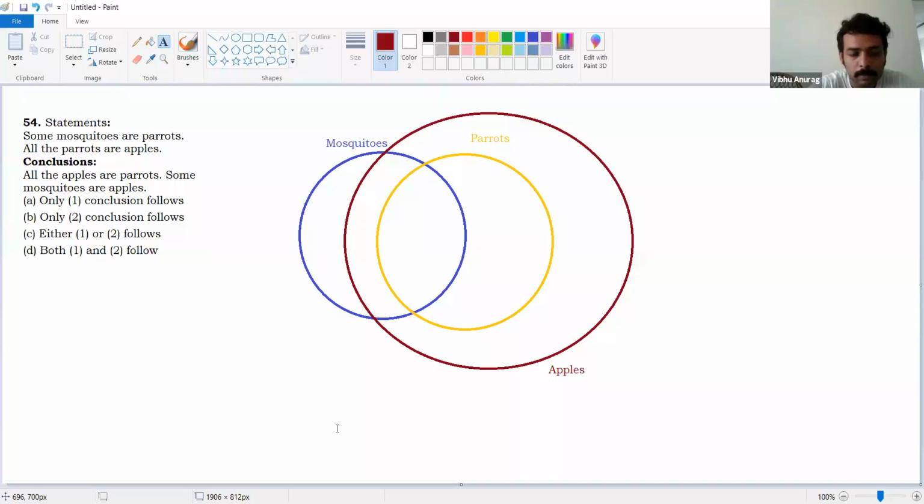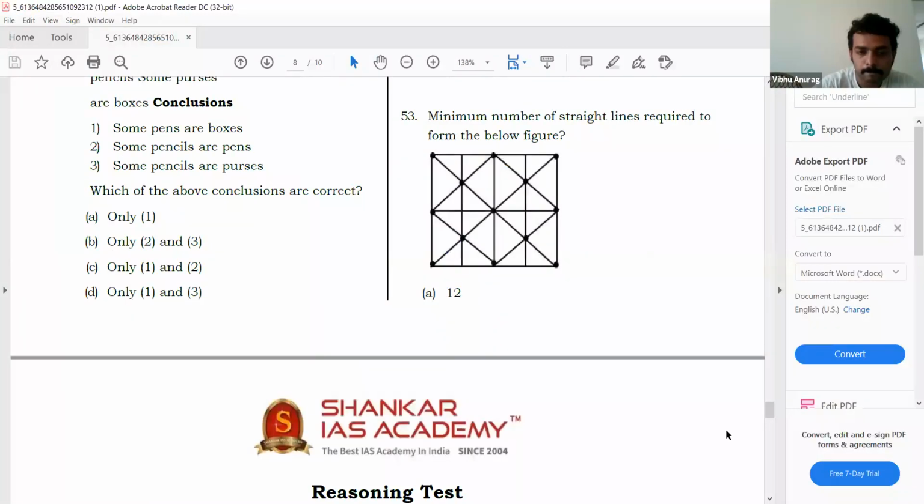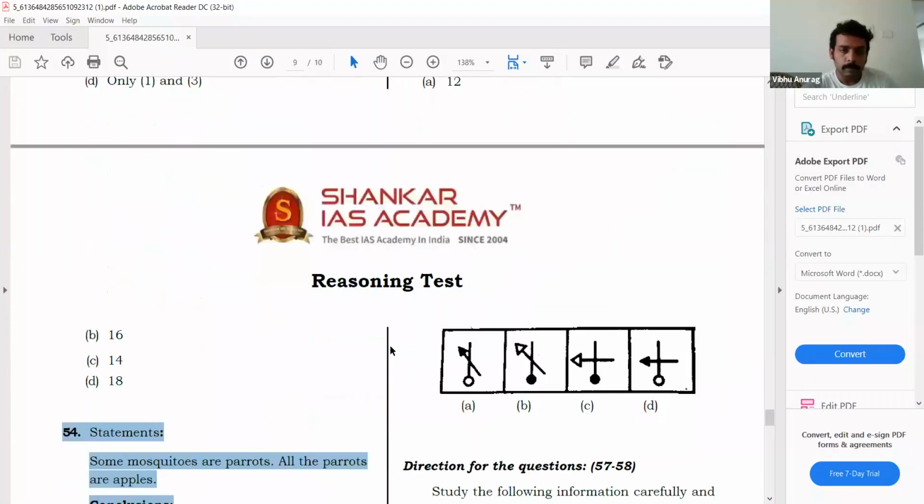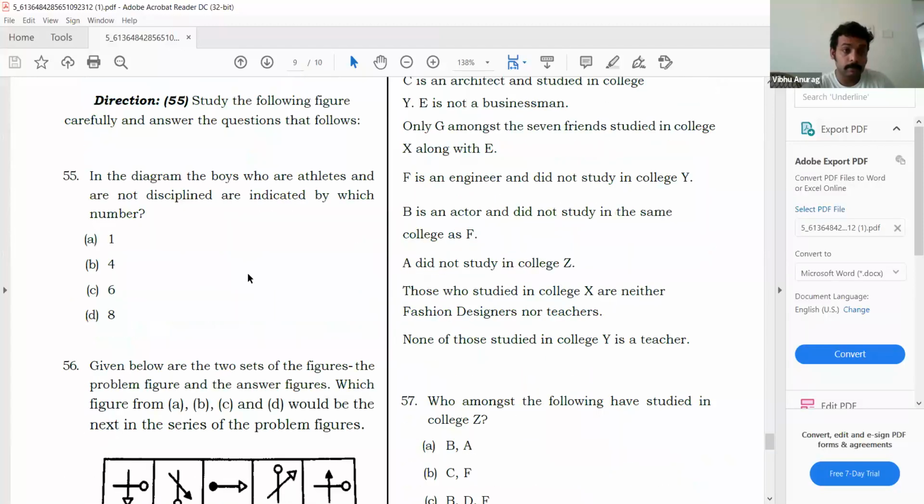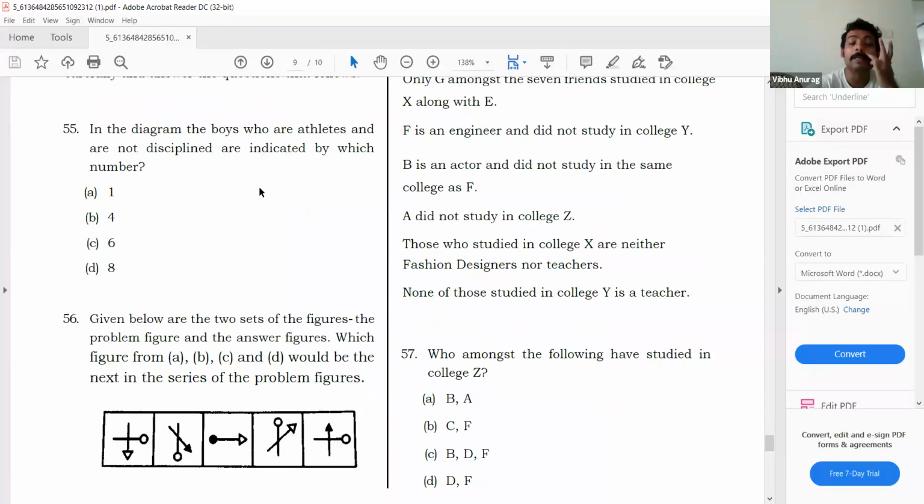Got it? Let's go ahead to 55. No diagram.